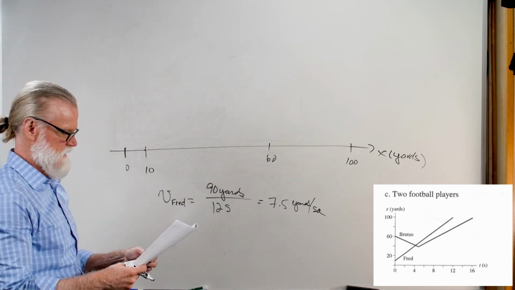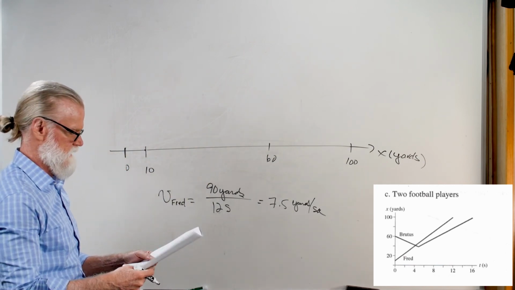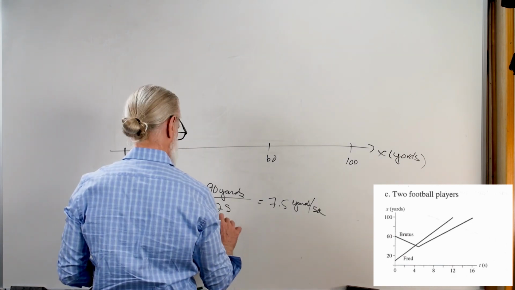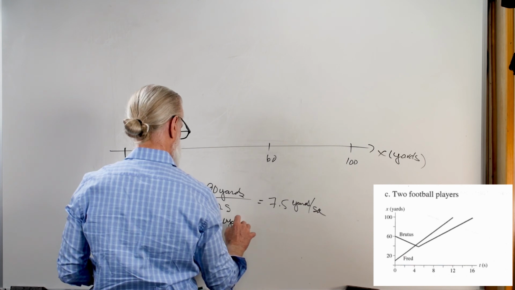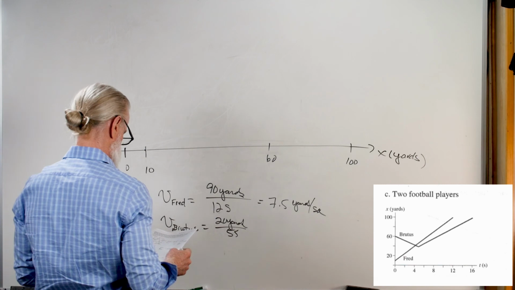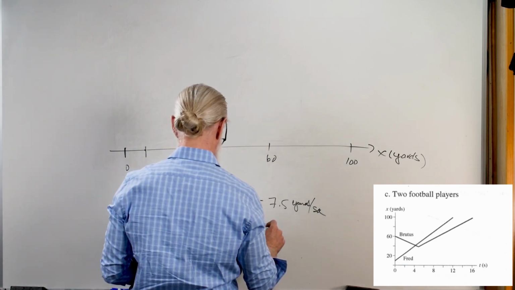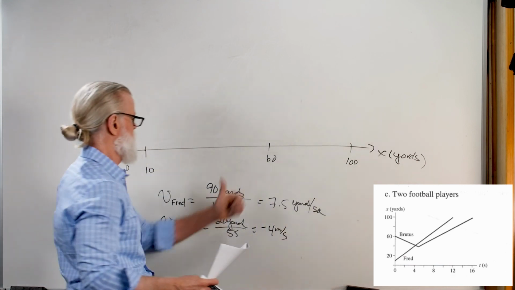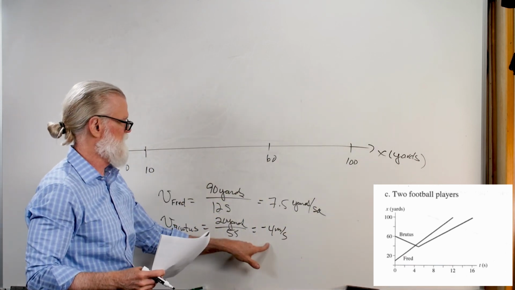Brutus, calculating his speed, he goes 20 yards in 5 seconds. And that is negative 4 meters per second. All right. Yeah, so Brutus is running to the left at 4 meters per second.